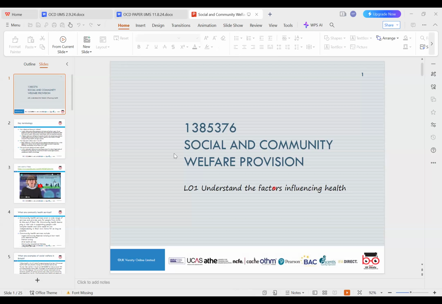So a bit about the key terminologies. What is social and community welfare? This is what we are talking about, so we have to have an understanding of what it is. A social welfare system would offer assistance to individuals and families who are in need.